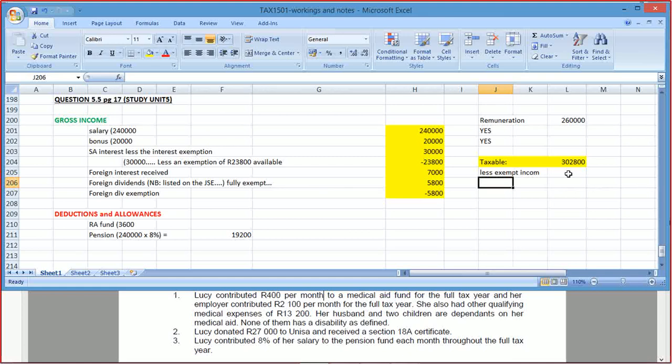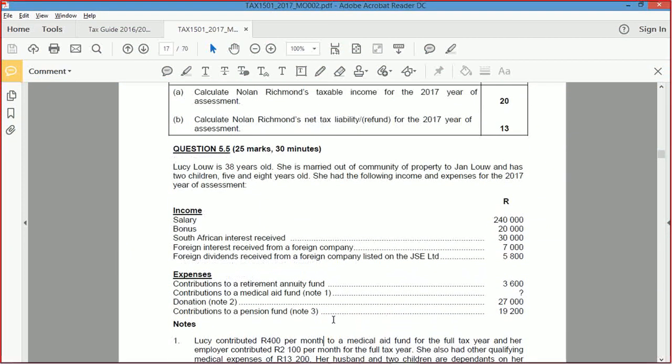So if I minus her taxable income, less allowable exempt income, how much of her income is exempt? Well, it would be this amount, so this and that. Okay, 29,000.